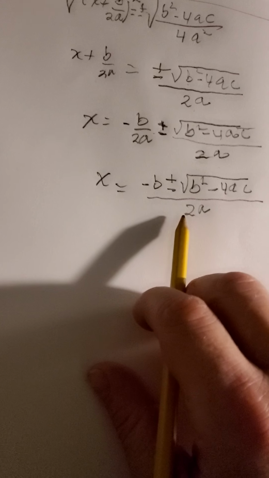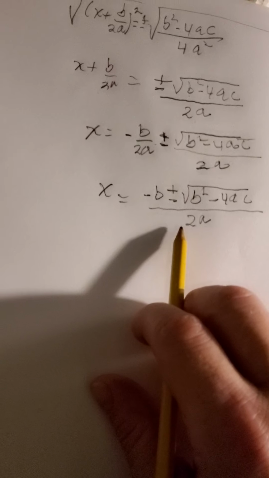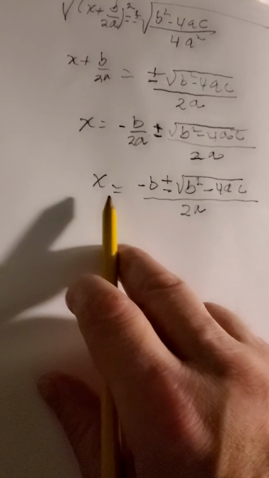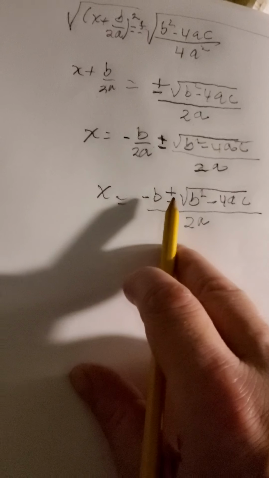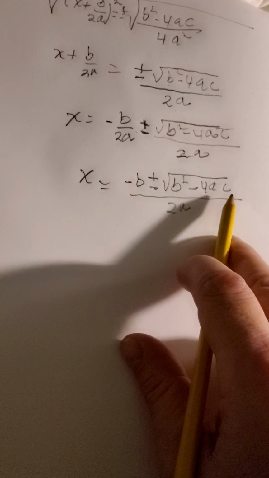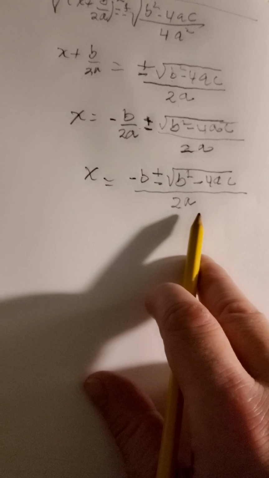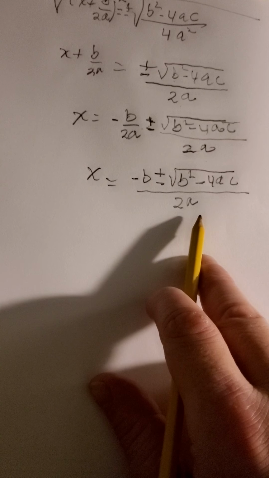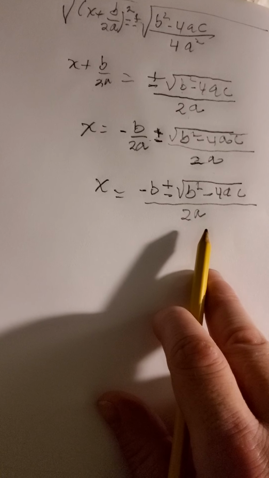So if you're a student of science or any kind of student, I recommend that you memorize this. So the roots of a quadratic equation equals negative b plus or minus the square root of b squared minus 4ac, all divided by 2a. Okay, you'll have two roots there sometimes, and sometimes you'll only have one root, and sometimes you could have complex roots.